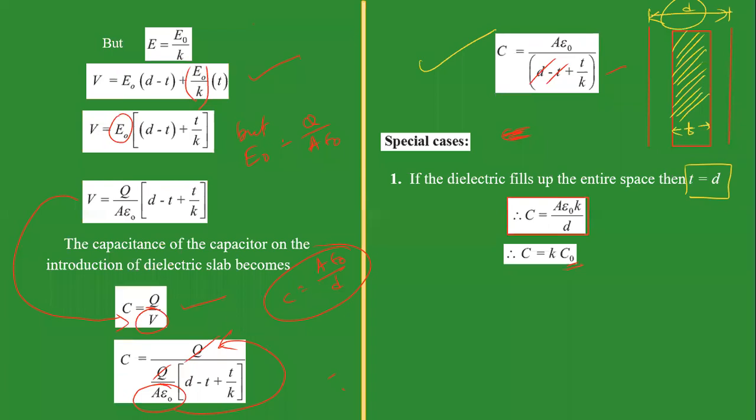So we get a relation here. Pay attention: without dielectric means in between the two plates, air is the medium. When that air is replaced by a medium whose dielectric constant is K, then capacity increases K times.